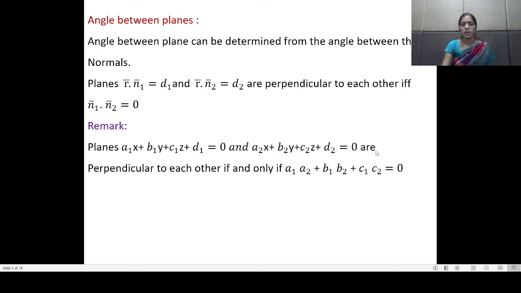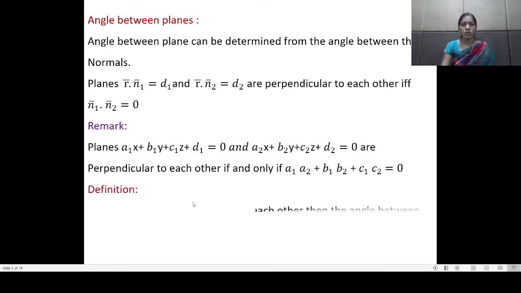These two planes are perpendicular to each other if and only if a1 a2 plus b1 b2 plus c1 c2 is equal to 0. Two perpendicular planes satisfy the condition a1 a2 plus b1 b2 plus c1 c2 is equal to 0.